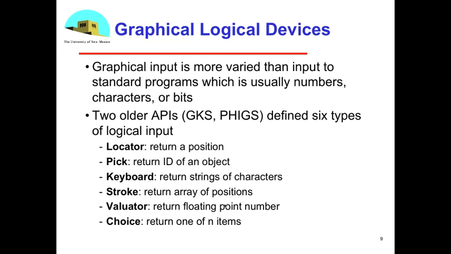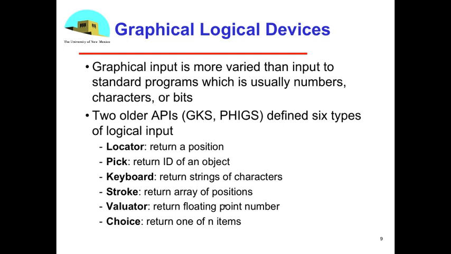A stroke device is something you use in drawing. You want to return a whole array of positions. You swipe across the display with your mouse, and you draw some sort of curve, and that curve is defined by a whole bunch of positions that are returned back to the program. Evaluator is like a dial.